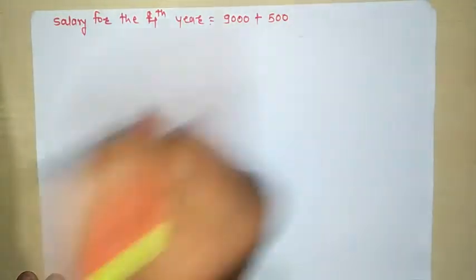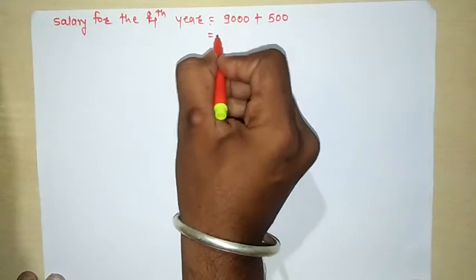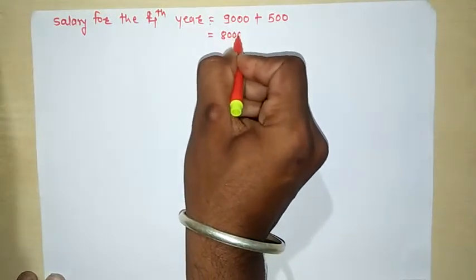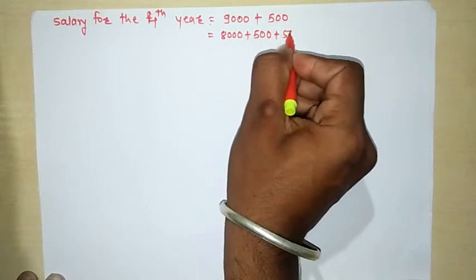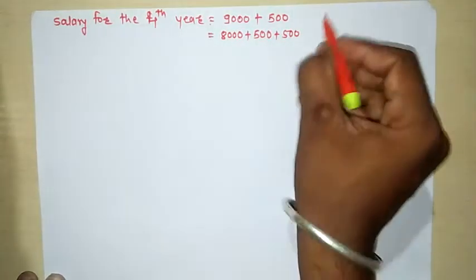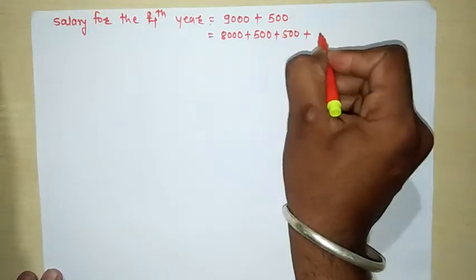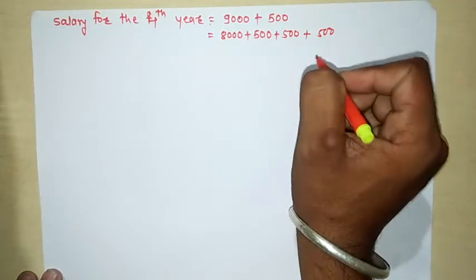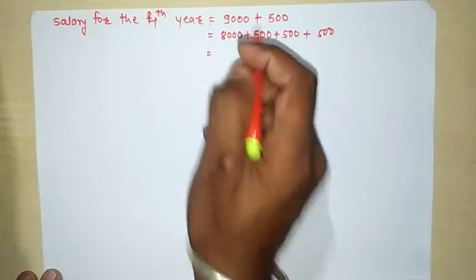This is the salary for the fourth year. This 9,000 can also be written as 8,000 plus 500 plus 500, plus this one 500 as it is. Got it, everybody? Okay. Now see here.